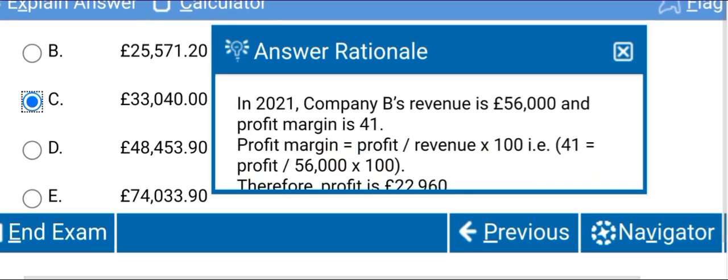In 2021, company B's revenue is 56,000 pounds and profit margin is 41. Profit margin equals profit divided by revenue multiplied by 100, that is 41 equals profit divided by 56,000 multiplied by 100.